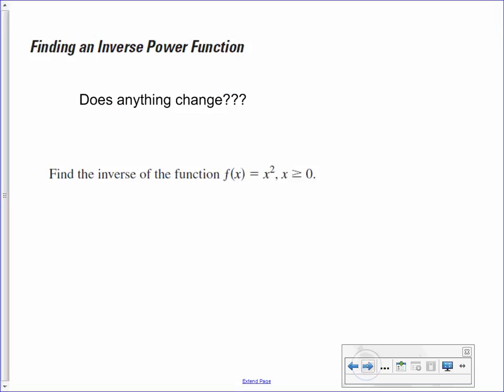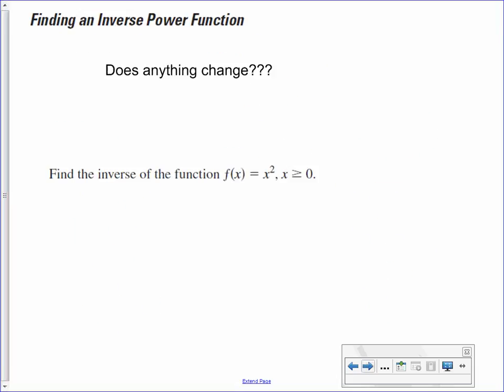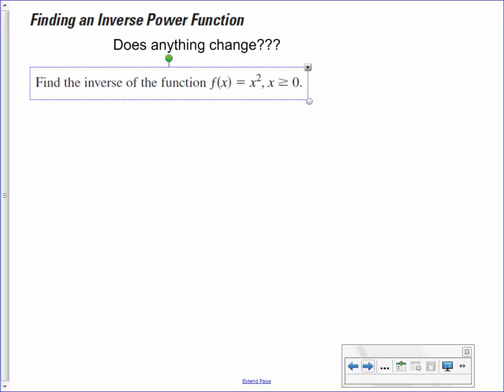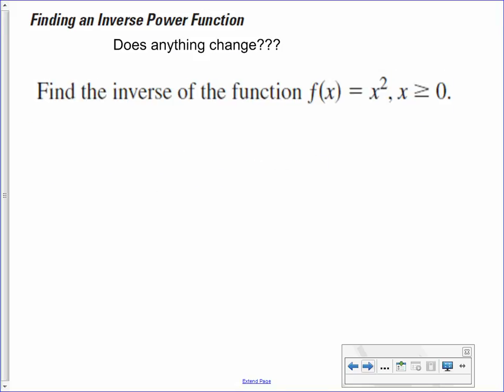Next step. Do you think that finding inverses is going to change when you have other powers, or if things are written out in function notation, or it says f of x equals x squared? No, not at all.